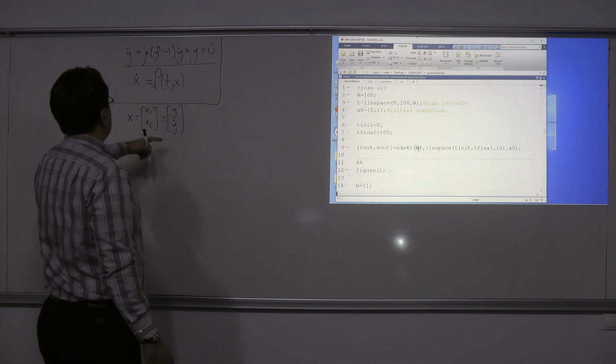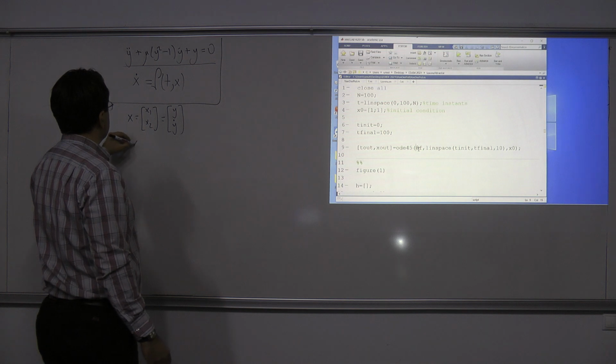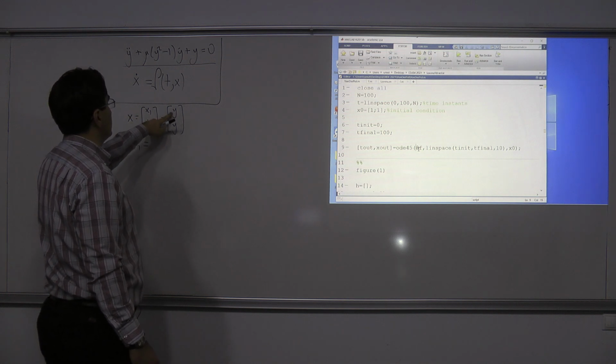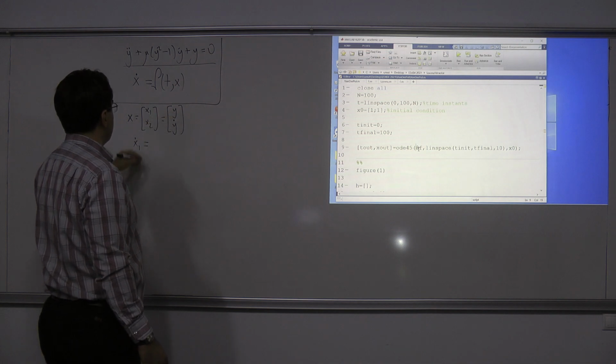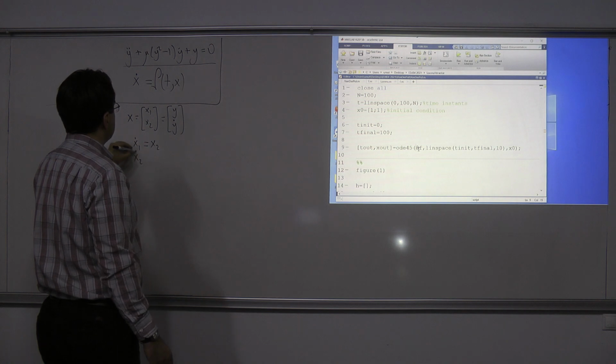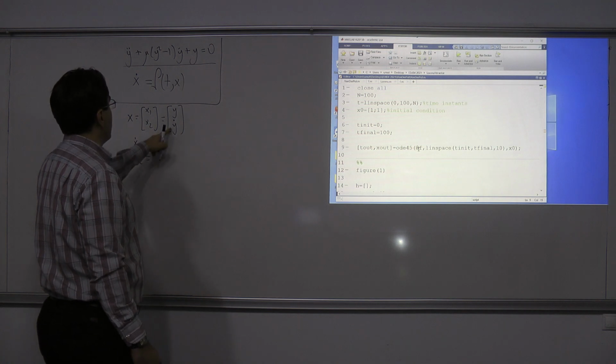So then I am going to write the state equations. X1 dot is equal to, x1 is y, x1 dot is y dot, which is just x2. Well, this is my first state equation. And x2 dot is going to be just y double dot.